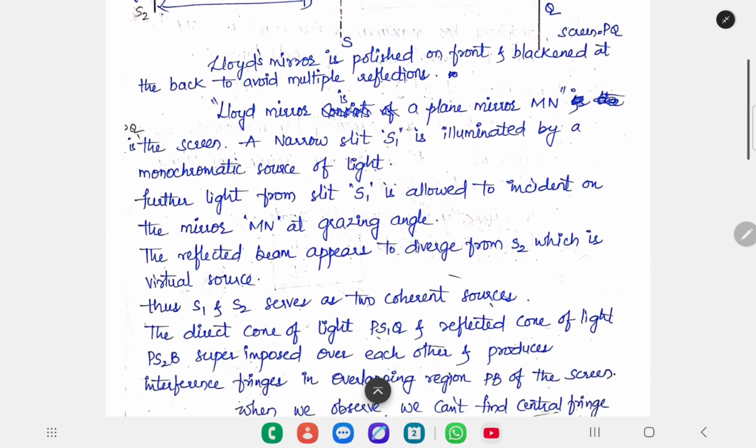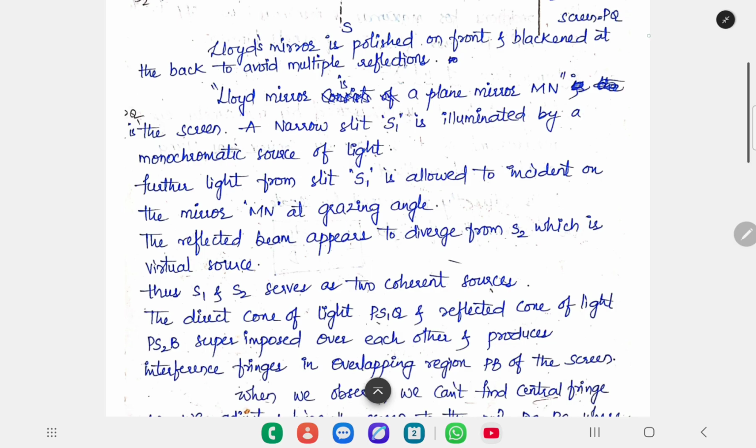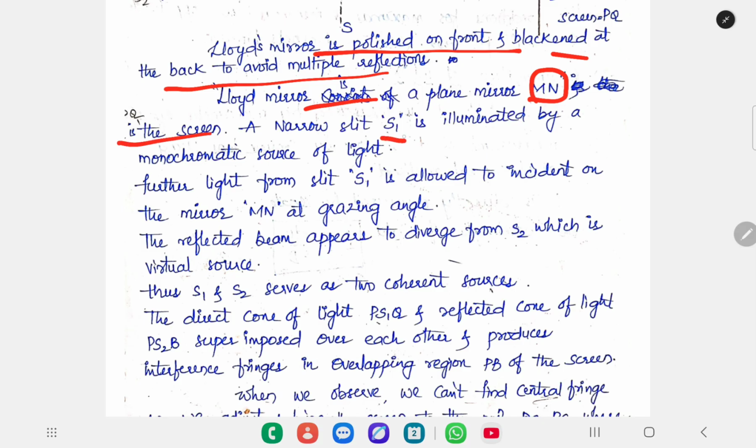Now let's see the theory part. Lloyd's mirror is polished on the front and blackened at the back to avoid multiple reflections. Lloyd's mirror is a plane mirror MN. PQ is a screen. A narrow slit S1 is illuminated by a monochromatic source of light. Further, light from slit S1 is allowed to incident on the mirror MN at grazing angle only.